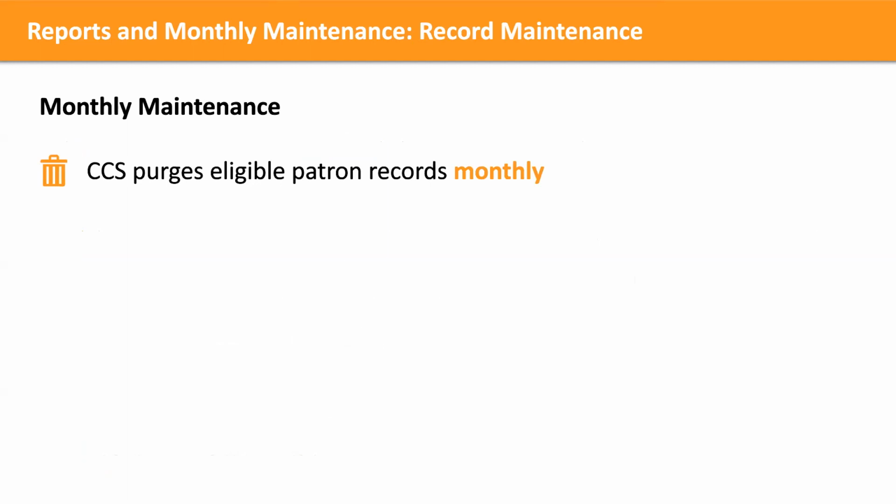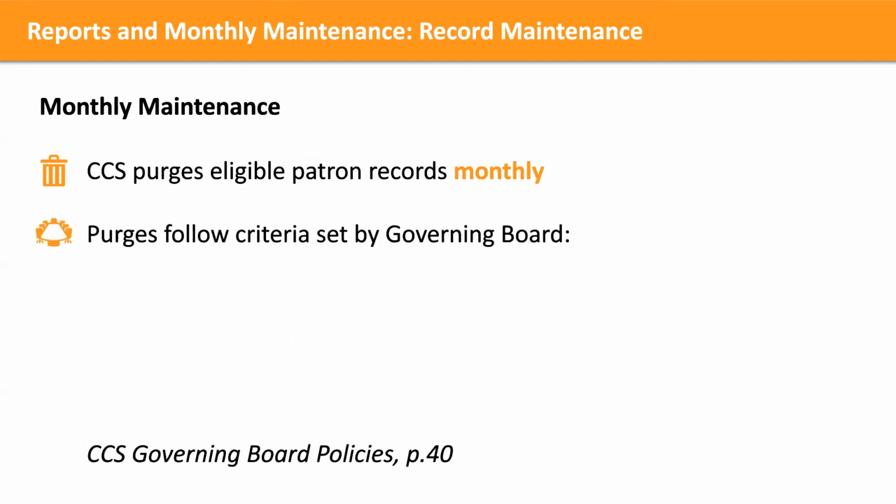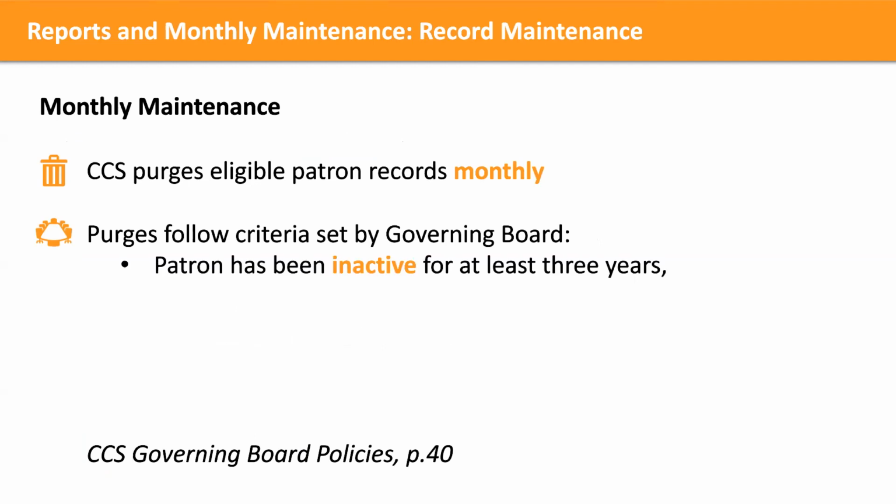We also perform regular monthly maintenance where we purge eligible patron records. Our purge follows criteria set by the governing board. Again, you can find this on page 40 of their policies. So this is what makes a patron eligible for deletion, and the patron has to meet all criteria here. So first of all, the patron has to be inactive for at least 3 years.